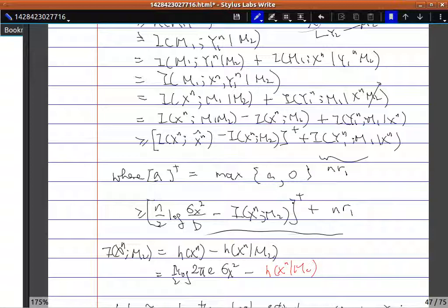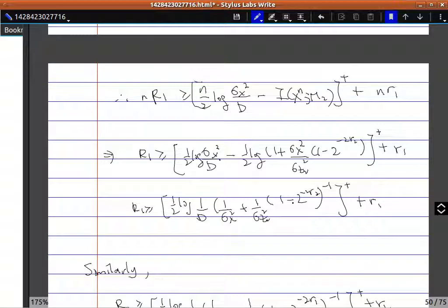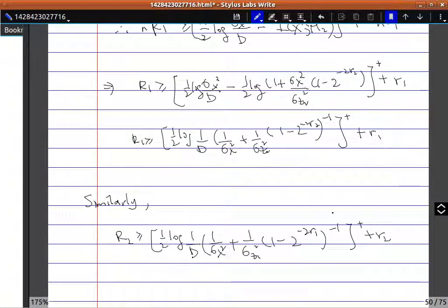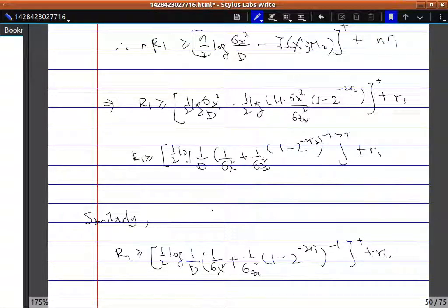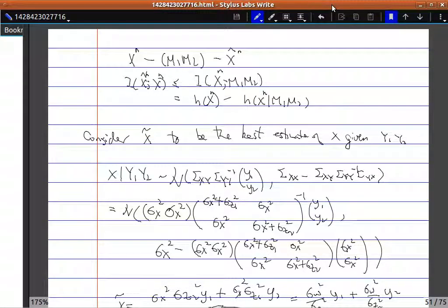So now eventually we find this term and we plug that in and we got this one. And similarly, we can do the same thing for R2 and by symmetry, we can just replace sigma C2 by sigma C1, R2 with R1, and R1 by R2, and we will have the inequality for R2. Let's consider the last inequality.